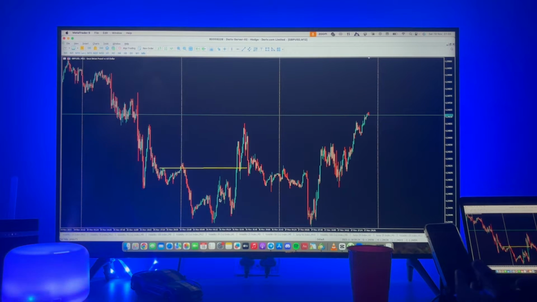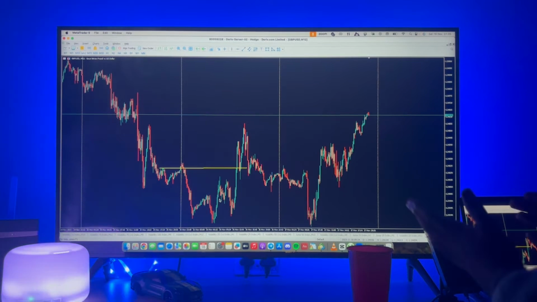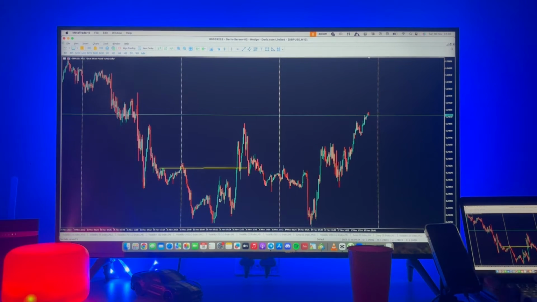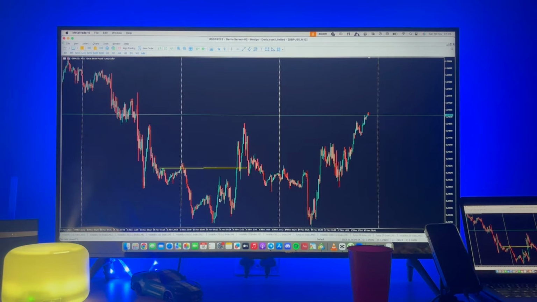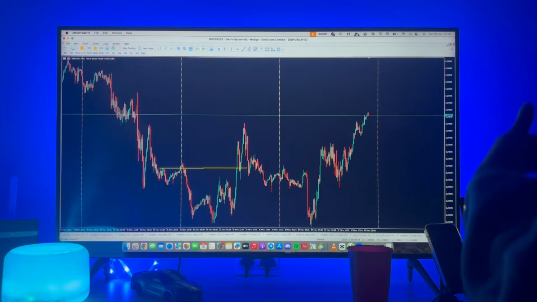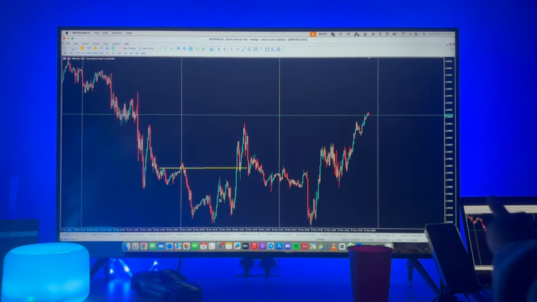So there's an indicator that makes it easier for those of you who struggle to pinpoint these trading sessions. But for me, I already know. I'm in South Africa. The Tokyo session here starts at 1 a.m. in the morning, the London session starts at 10 a.m. in the morning, and the New York session starts at 2 p.m. in the afternoon, right?